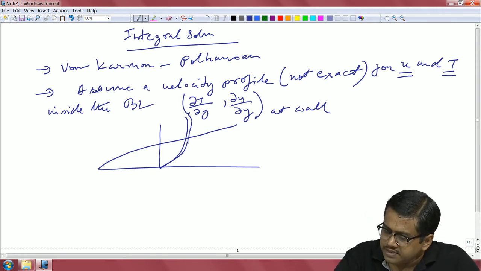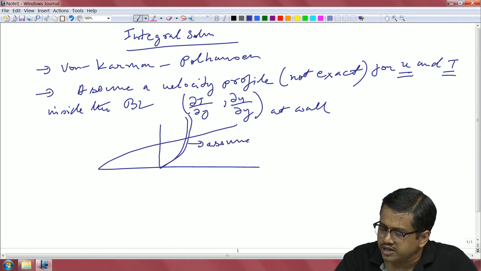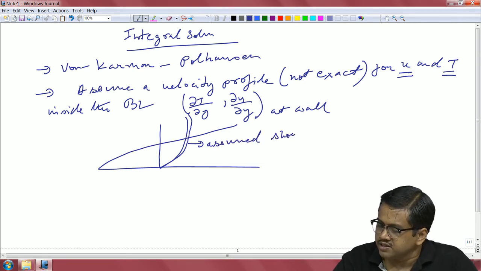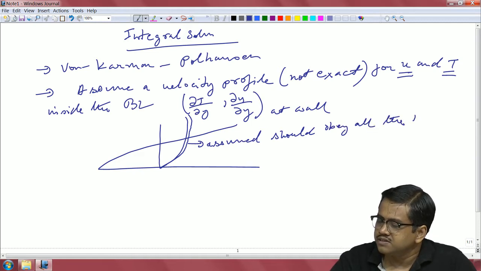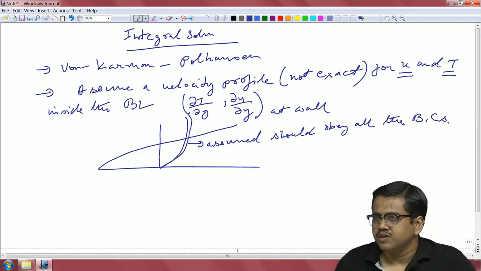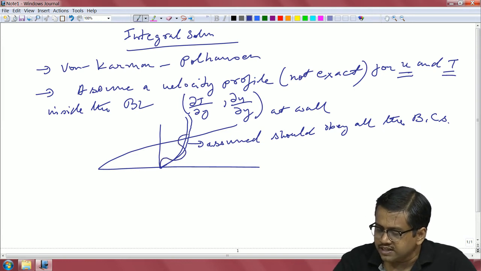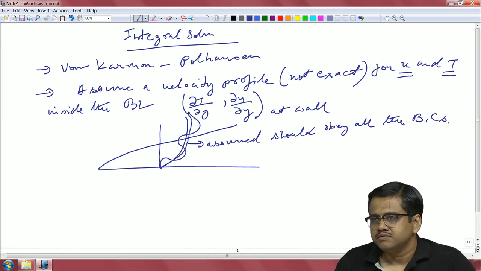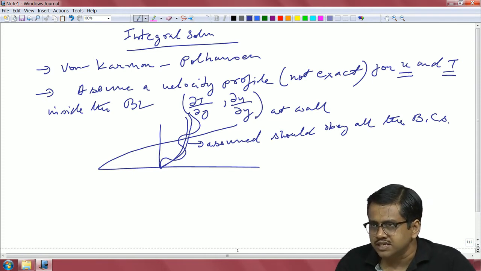The assumed profile should obey all the boundary conditions. I cannot have a profile like this, for example, that will not be physical, and it will not agree with the boundary conditions either.